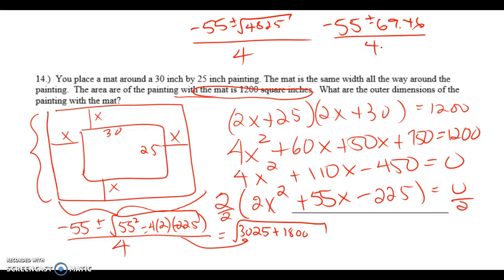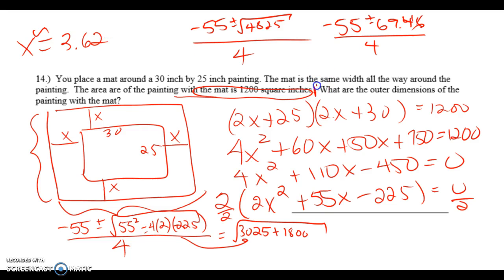Well, this is a real world problem, right? The only answer that will work here will have to be the add, because we're not going to have a negative x. So I'm going to take negative 55 plus 69.46, and I'm going to divide that by 4. So x is about 3.62.